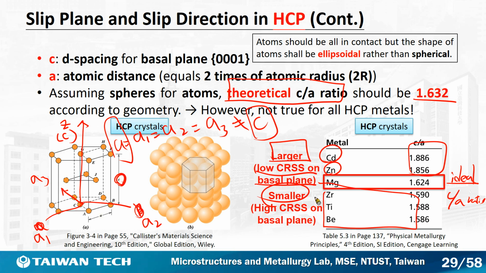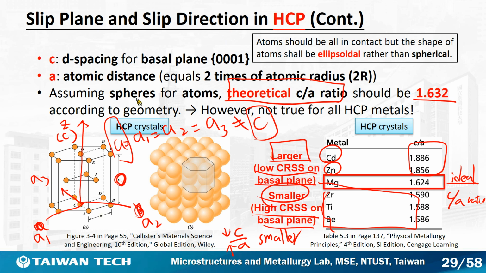And for the ones with smaller C over A ratio, smaller means that the C will be smaller and A will be greater. So for this one, you have a higher CRSS on the basal plane. So basically, for these three, they will have different preferred slip systems.